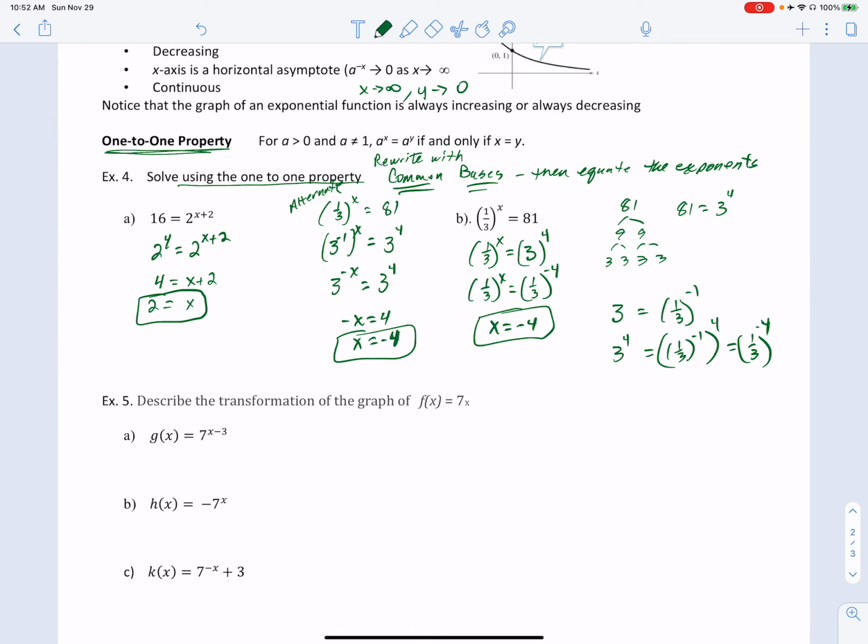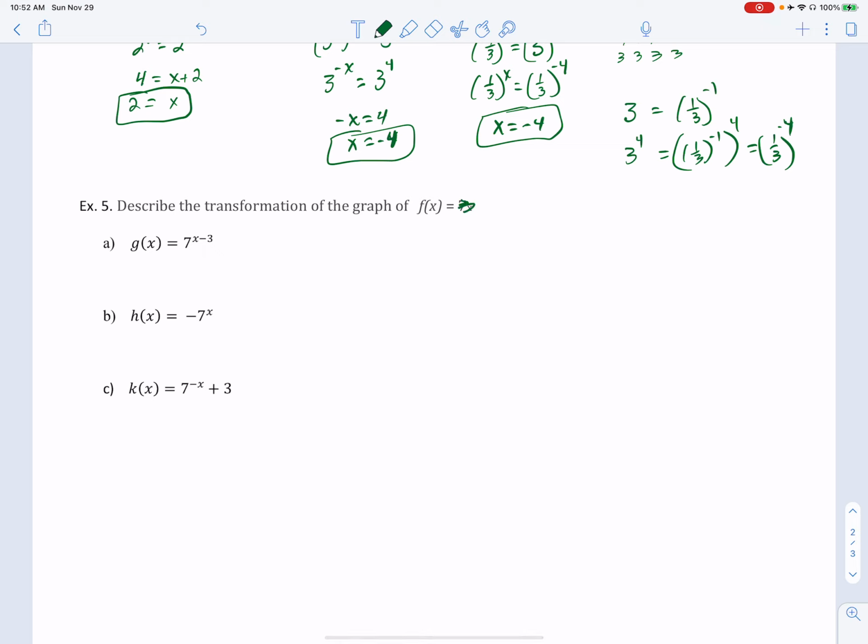All right, so in example 5, you're going to describe the transformations of a graph, and this is supposed to be 7 to the x.